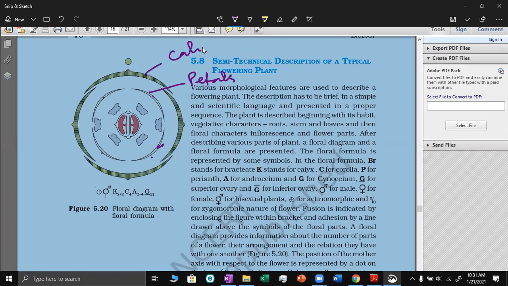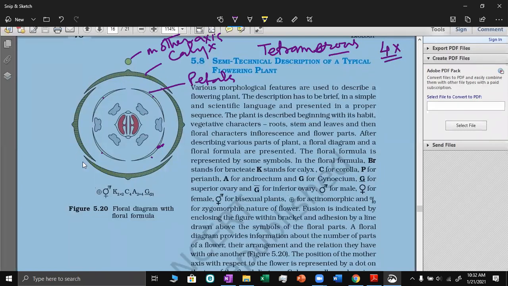This is calyx. This one is mother axis. Here there are four petals. In case of Cruciferae, the flower is tetramerous. Tetramerous flowers means their number is 4 or multiple of 4.